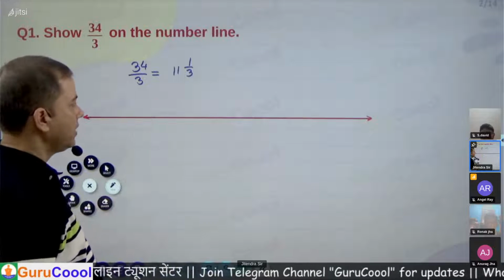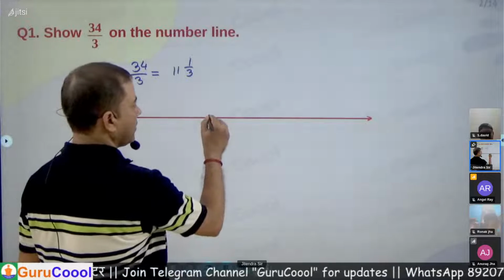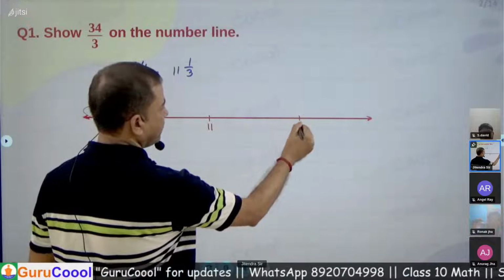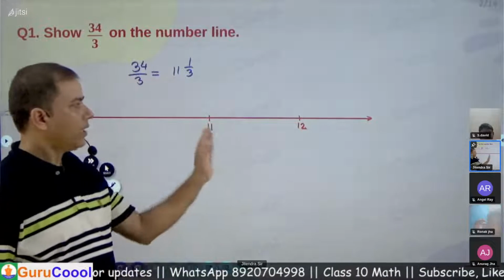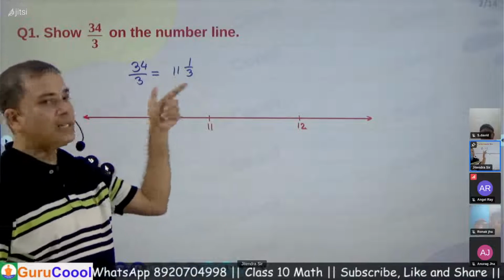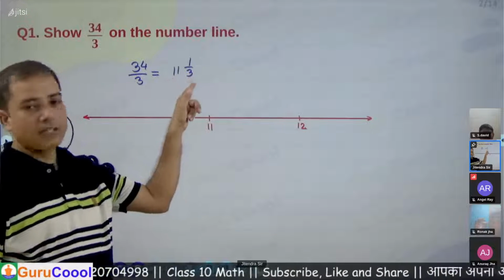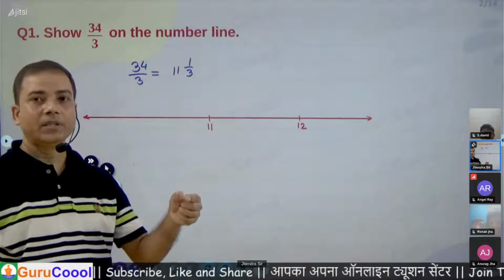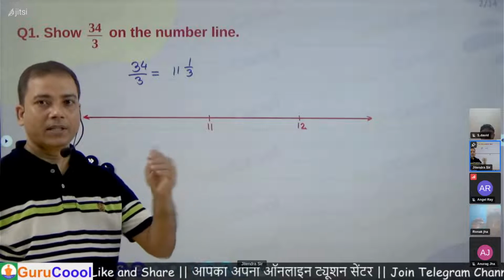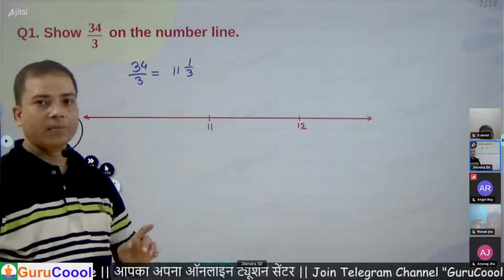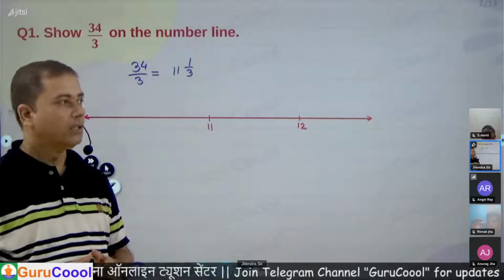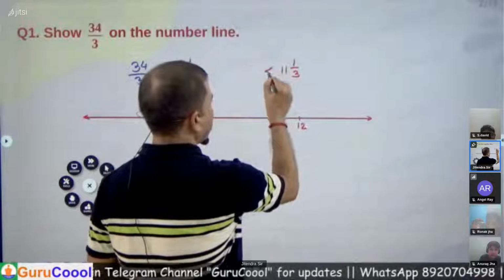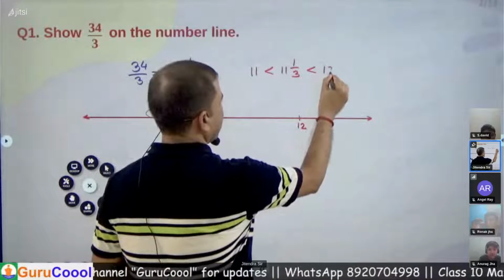What I suggest is to just take the first number 11 anywhere and then take the next number 12, because our number is 11 and something. 11 and something means more than 11 but less than 12. So this number lies between 11 and 12, right? 11 and 1 by 3 is greater than 11 but less than 12.